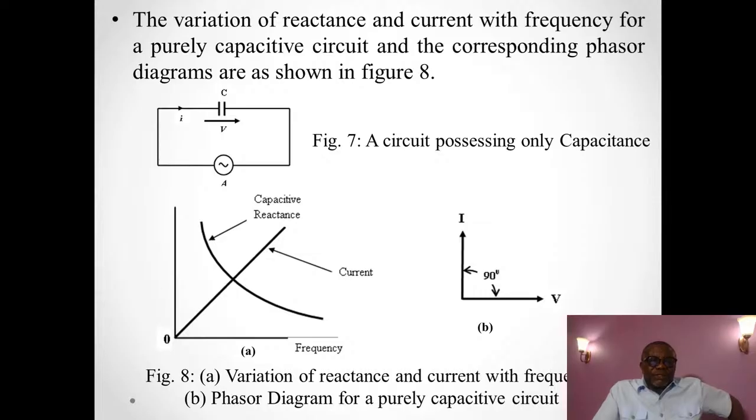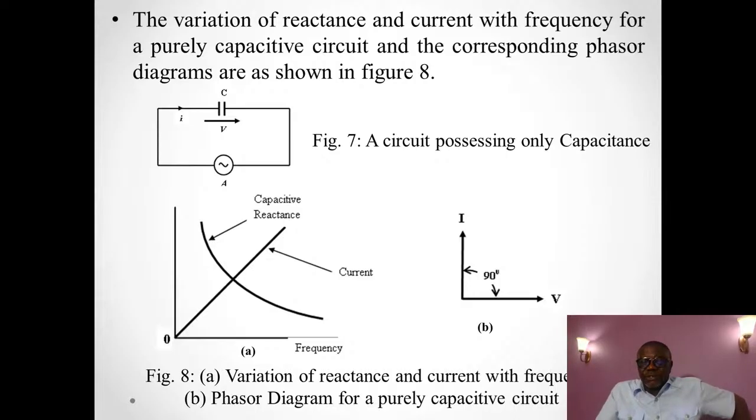In the inductive circuit, it was the inductive reactance that is proportional, passes through the origin, while the current is the curve. Whereas in this capacitive circuit, the current is the one that is proportional, passing through the origin, zero, while the capacitive reactance is the other one.